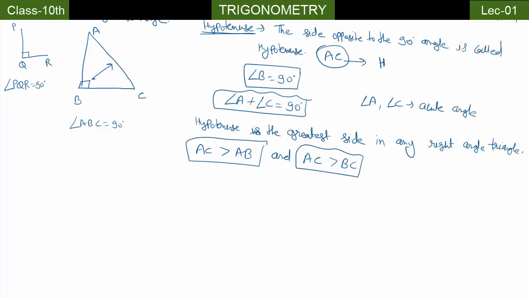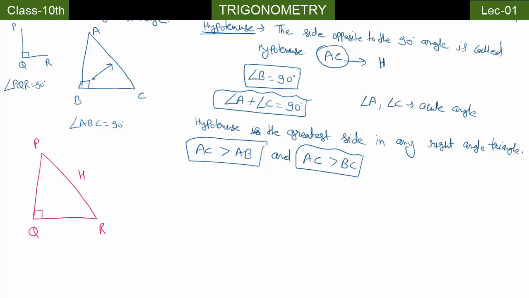Next we have to define what is perpendicular and what is base. To find the hypotenuse is very easy: we take the side opposite to the 90-degree angle. So let's consider another right angle triangle, the one given over here. Let's say this is P, this is Q, and this is R, and this is my 90 degrees. So PR, which is the side opposite to the 90 degree angle, is called the hypotenuse.